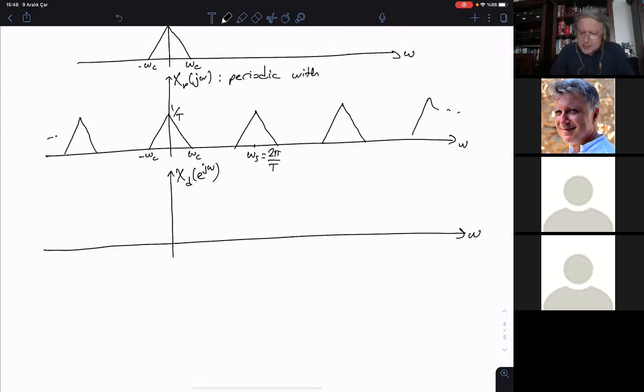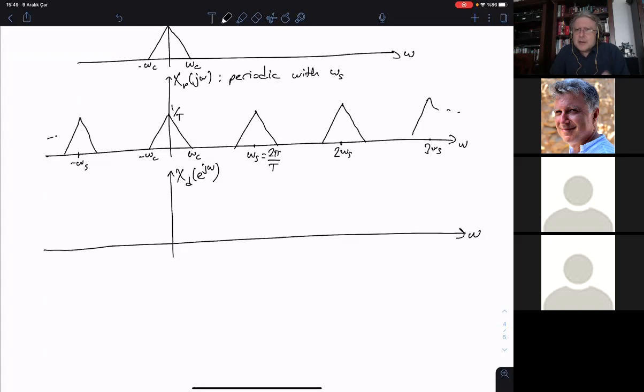Excuse me, it's periodic with omega s. Because as you see, it repeats itself at omega s, at 2 omega s, at 3 omega s, at minus omega s. So whenever I have an omega s, it's repeating itself.